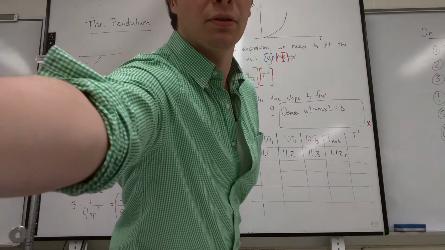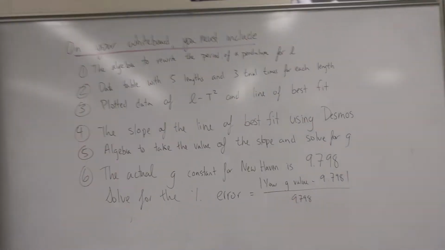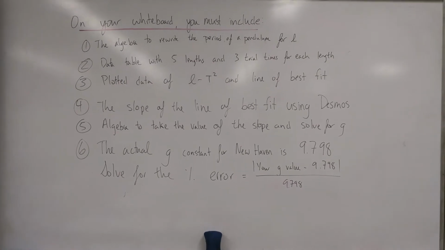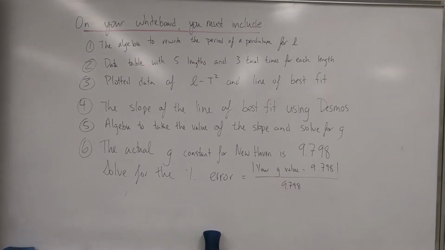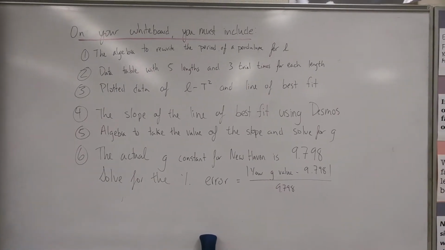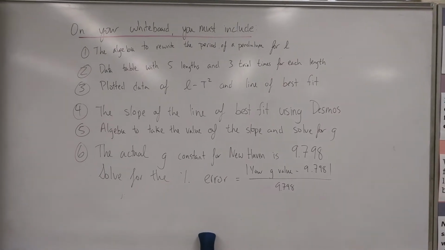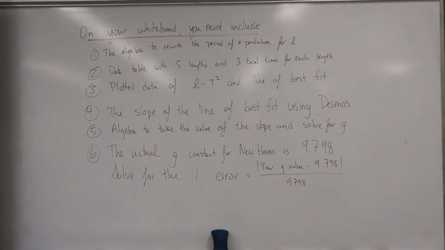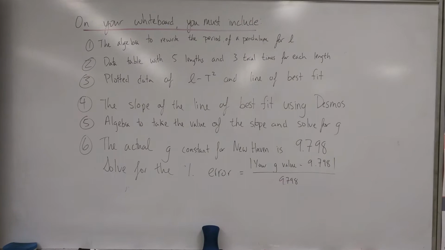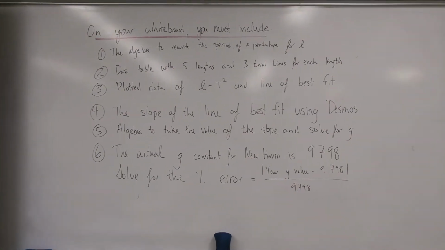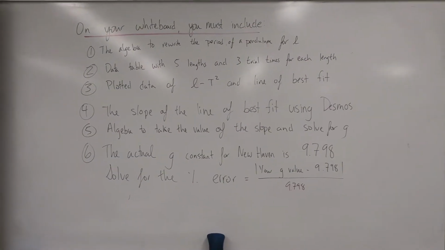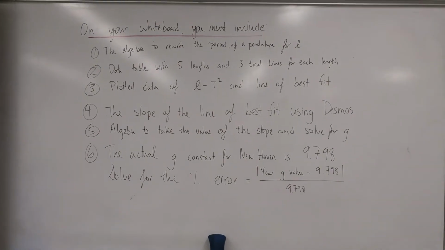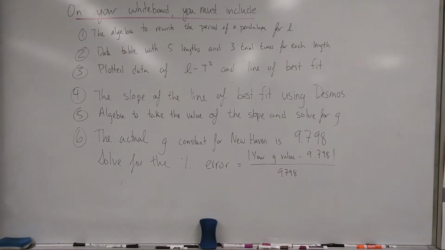On your whiteboard, I'm expecting to see 6 things. I want to see the algebra you did to rewrite the period of a pendulum for L, which I showed in the video. I want to see the data table with 5 lengths and 3 trial times for each length, the plotted data, and the line of best fit.